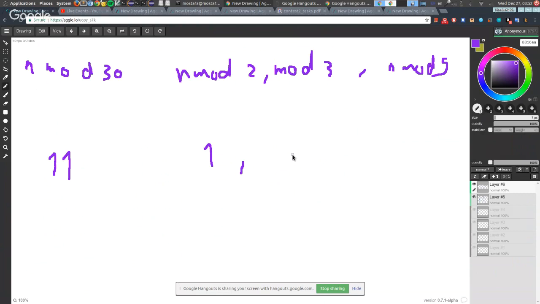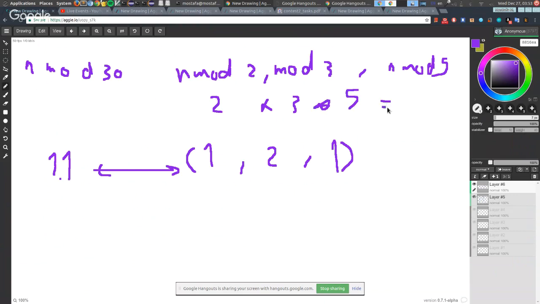There will be a one-to-one correspondence between the 11 and this triple. So here we have all triples, so this can have two options, times 3 times 5, which is equal to 30, the same number here. Each of these triples corresponds to one number from here.